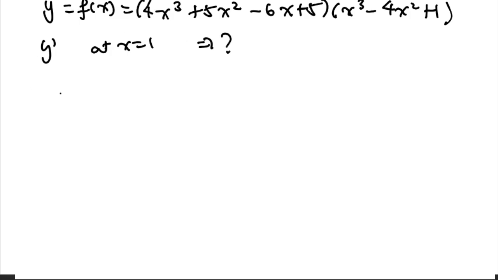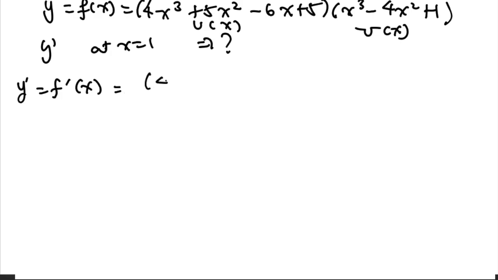That's the question. So now we need to find y prime first, equivalent to f prime at x equals 1. So here, let's say this one is u(x), this one is v(x). You rewrite u again, 4x cubed plus 5x squared minus 6x plus 5, but you differentiate v(x).